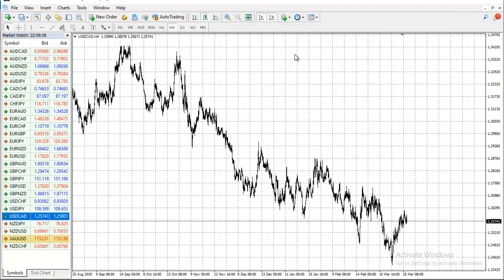For the USD CAD, we can see that the market has been in a long downtrend. But generally speaking, we should be expecting the USD pair to appreciate more during the course of the week.